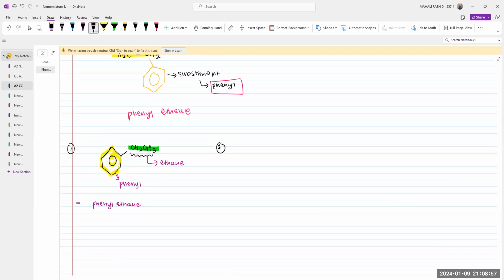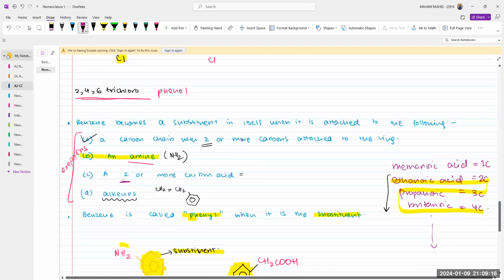Example number 2. This is my benzene ring. I have a methyl group. Does this satisfy any of the conditions here? No, right?